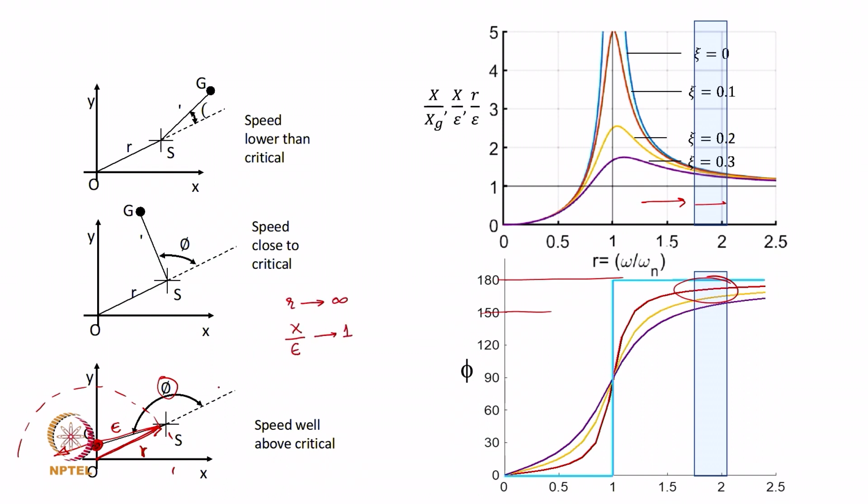Now, x in this case is basically your R, or capital R is the amplitude, and so R will approach what? Epsilon, which is what we are seeing here, because of that flipping and that angle being close to 180 degrees, the mass center actually comes close to the bearing axis.